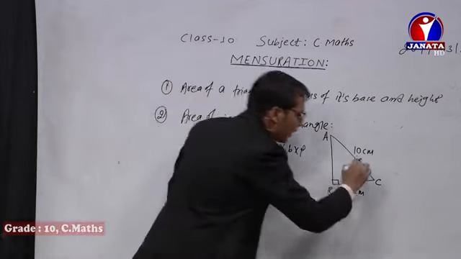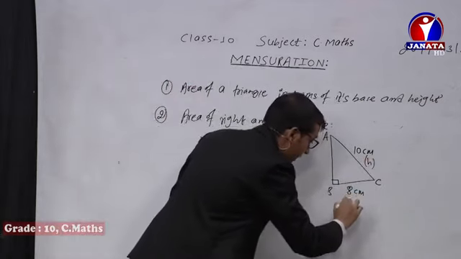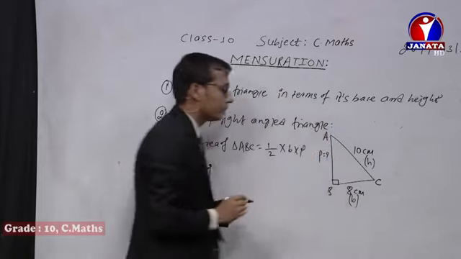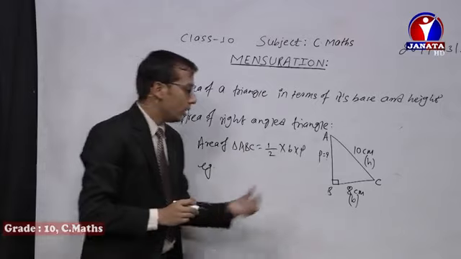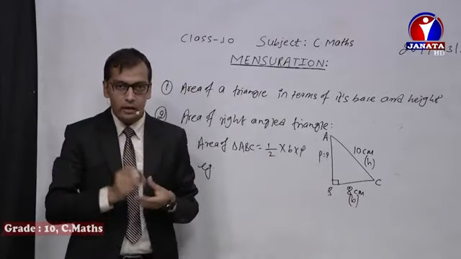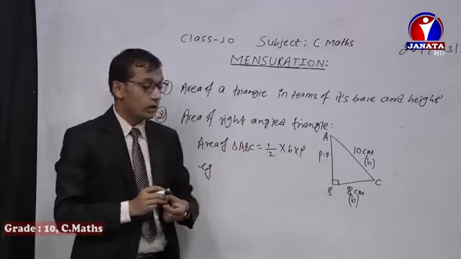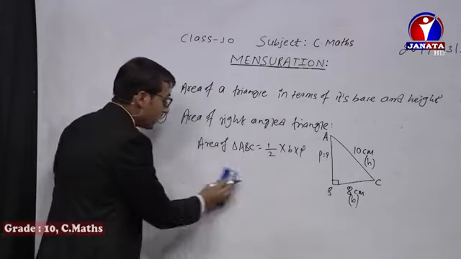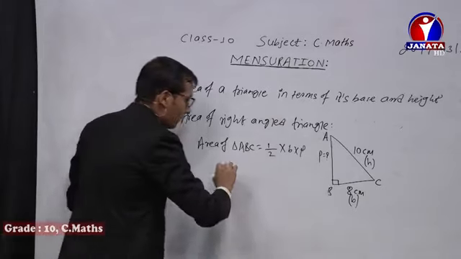So this is hypotenuse H, and base and perpendicular is unknown. First of all, let's find P, and then we can find the area of this triangle using the same formula. For this, we can use Pythagoras theorem.